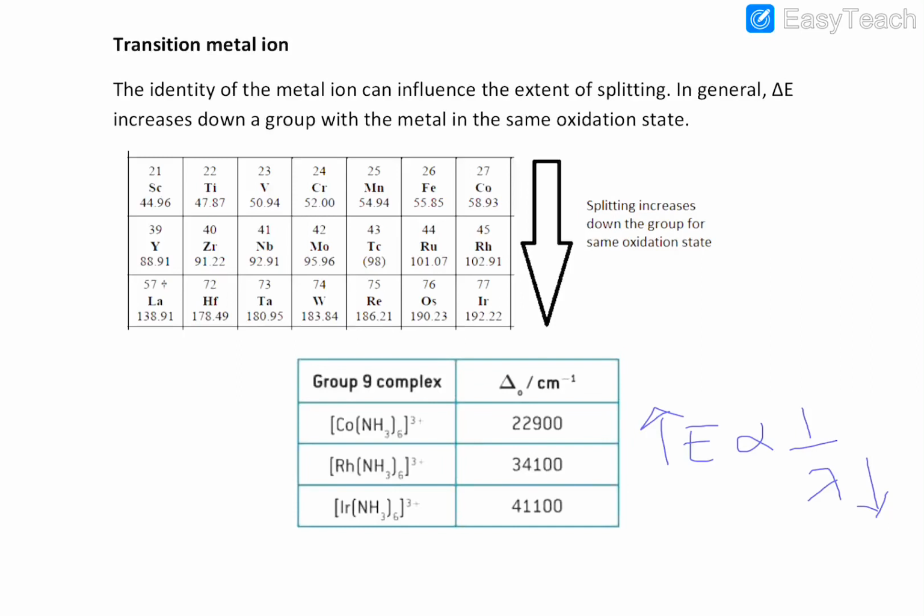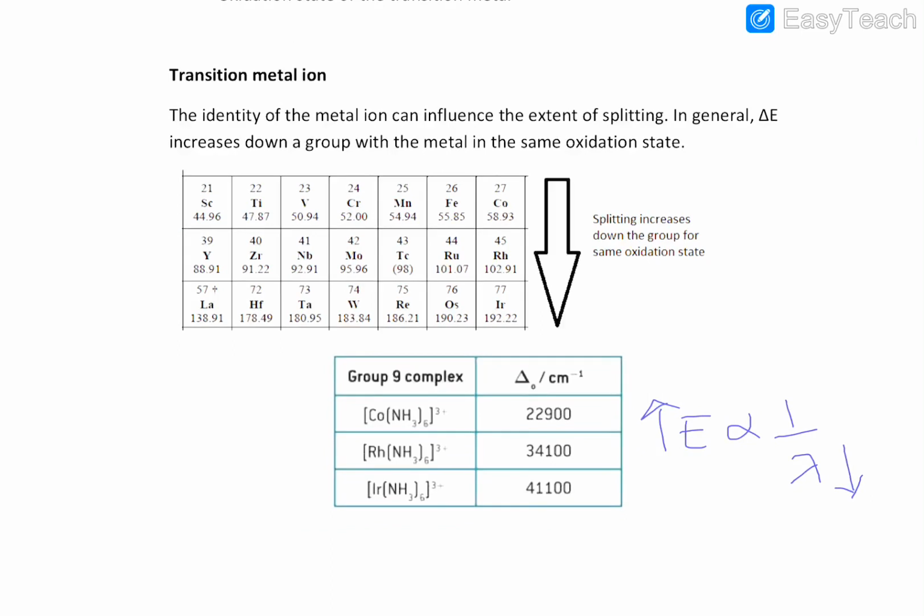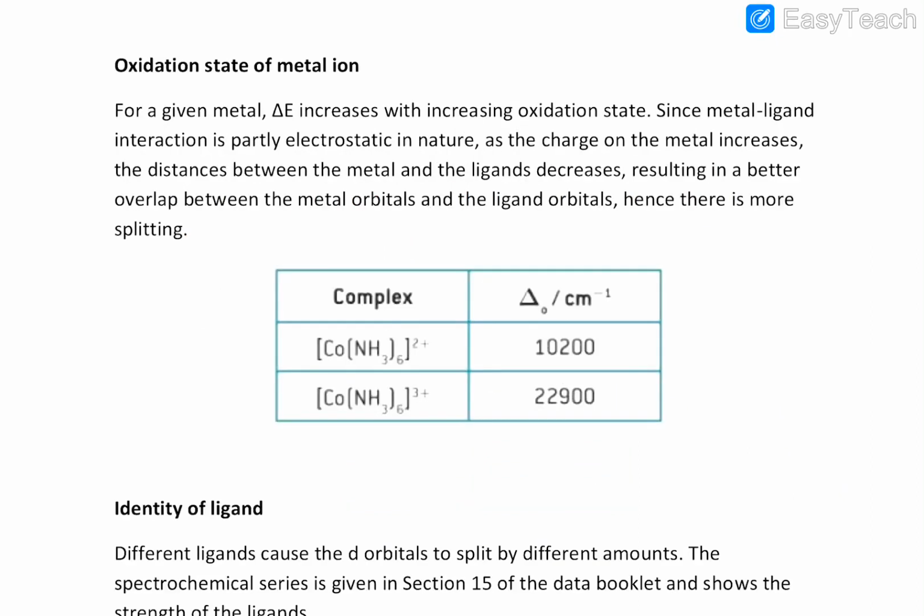So the more the splitting, the less the wavelength of the light. So splitting increases down the group for the same oxidation state. All of them here are in the 3+ oxidation state, and delta E is increasing down the group.